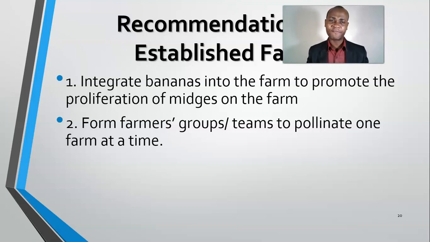In my country, that is what we do. We have two ways. The farmer will either hire people to pollinate the farm, or they will create farmers' groups or teams of around 15 to 20 farmers. In 1 to 2 days, they go to one member's farm and pollinate the entire farm. After that, they move to the next person until everyone in the group's farm is pollinated.